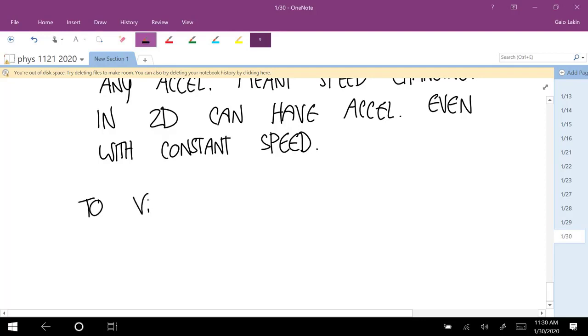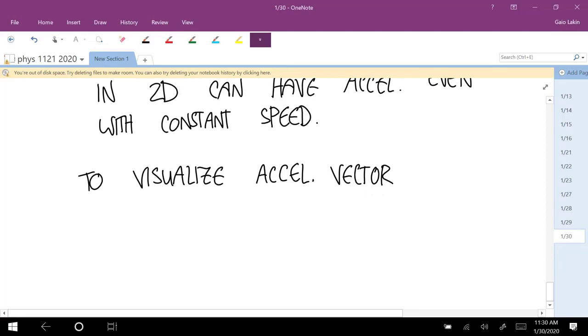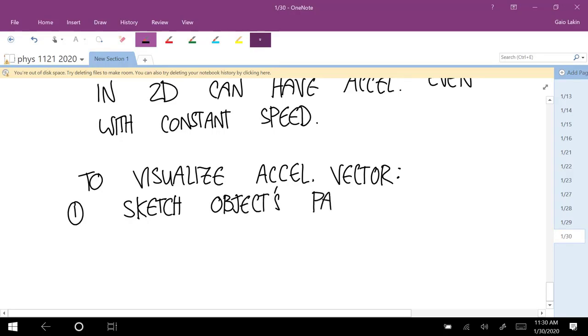So how do you visualize an acceleration in 2 dimensions? So first, sketch the object's path. Then draw the velocity vector tangent to the path.